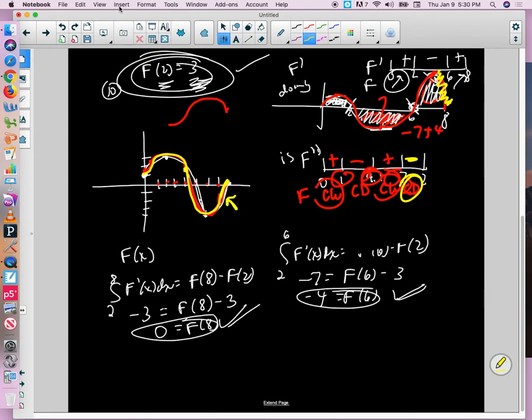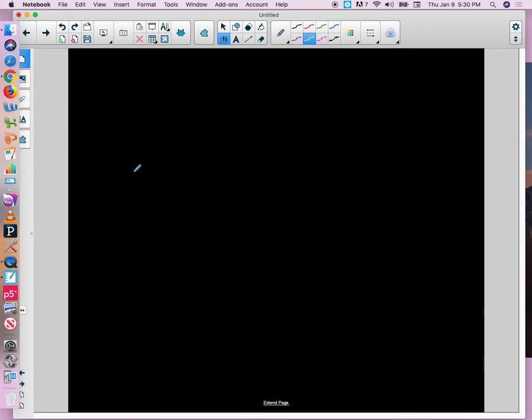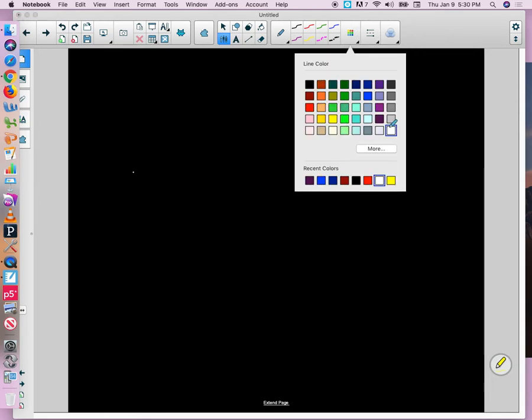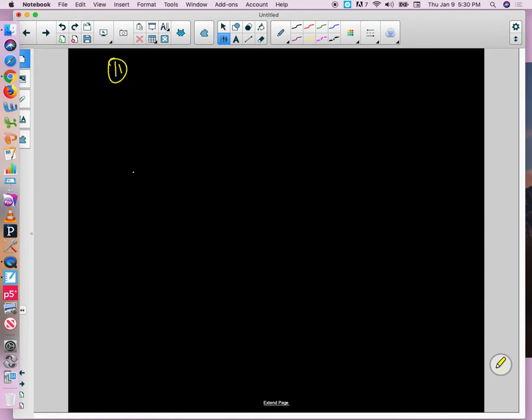All right, now let's go to number 11. On 11 we have: use the figure at the right, and the figure at the right is g of t. And it goes to 2, and then to 4, and then to 5.